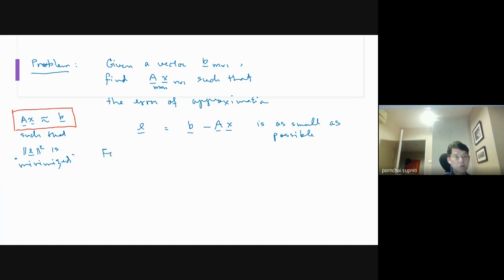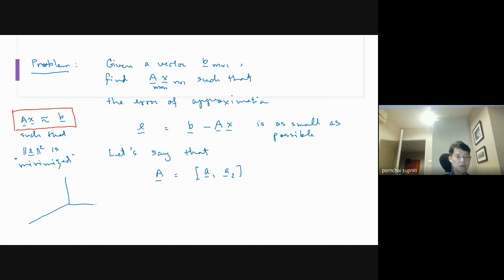Okay, let's say that we look at a case of a 2D. It doesn't need to be 2D, but maybe I can explain from this approach. Let's say that A consists of two column vectors.